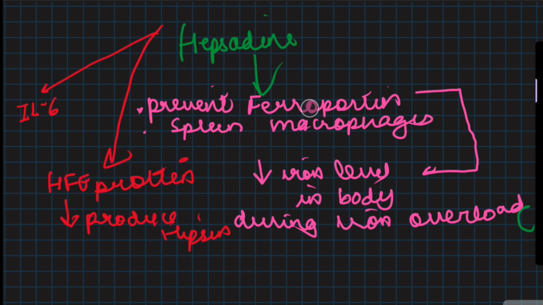So what happens? Let's talk about HFE now. It produces hepcidin, right? So now if mutation occurs in it, what happens?